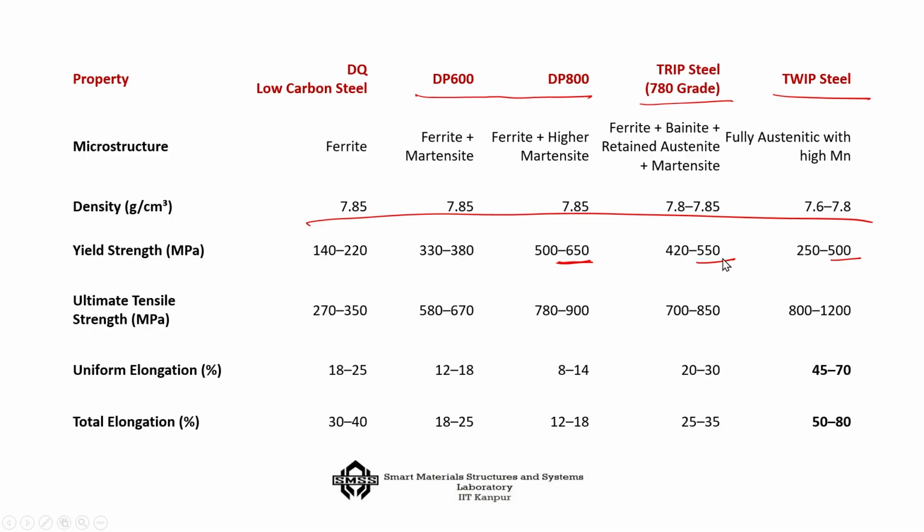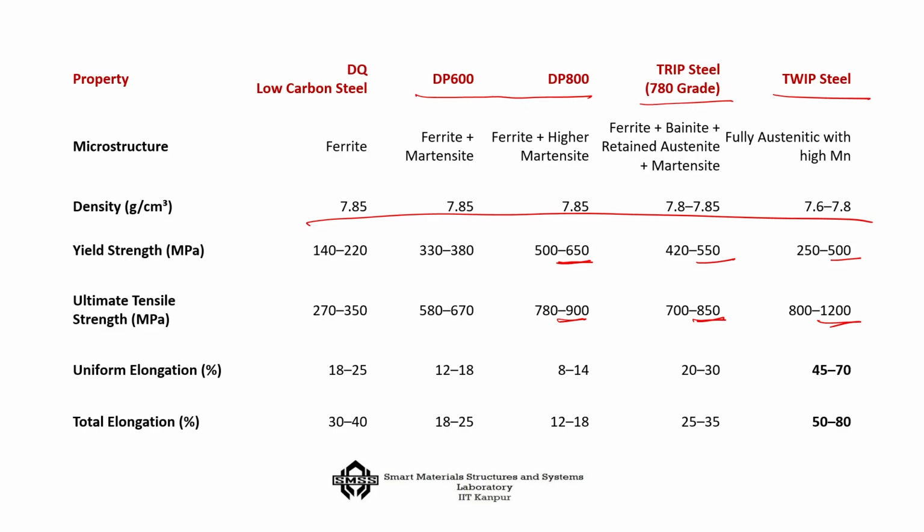Ultimate tensile strength is about 900 in DP, 850 in TRIP, but 1200 in TWIP. That is good, because it actually keeps on hardening during the work hardening process. That is the beauty of TWIP steel.